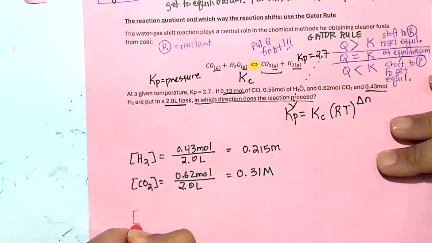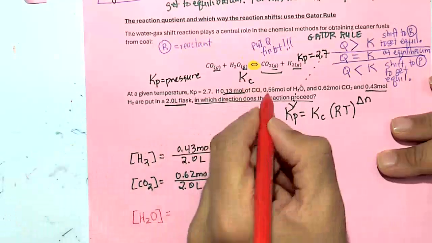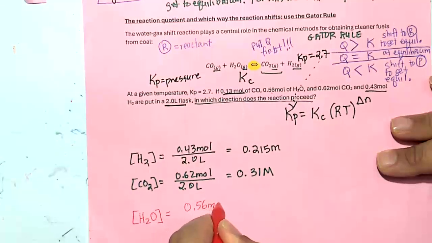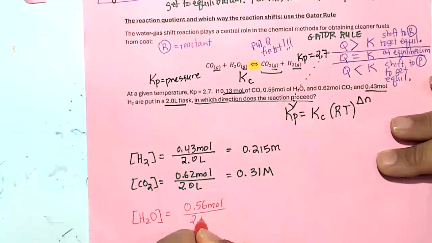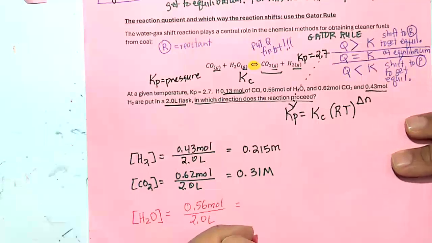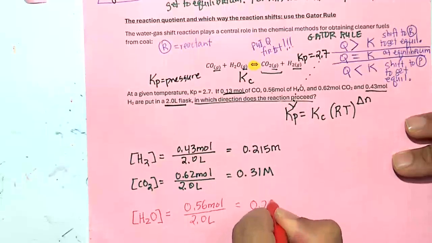All right, let's do H2O. H2O is 0.56 moles over 2 liters. And what is that? 0.28, sorry.